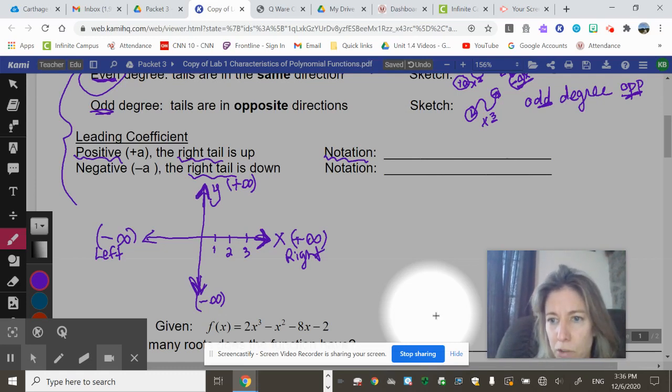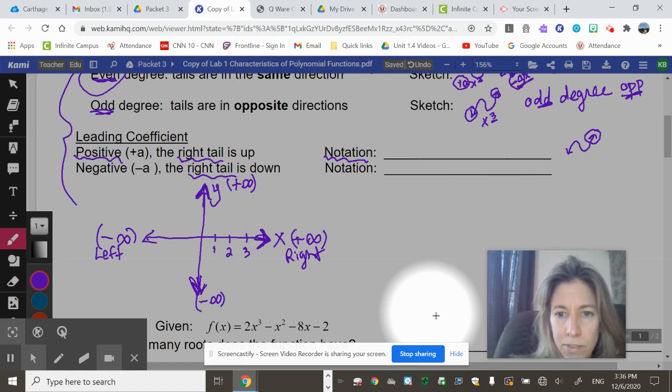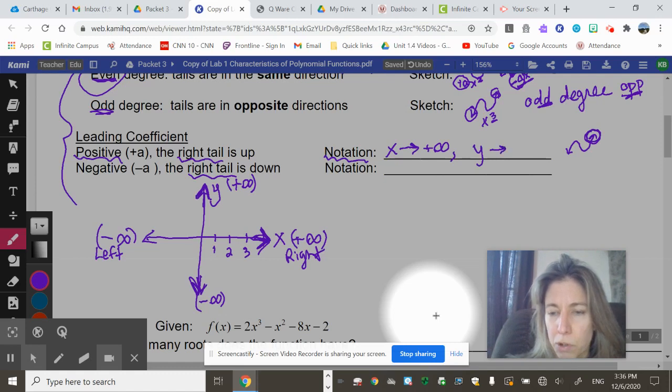If I draw this cubic graph and look at just the right tail, the notation that displays that is: as x approaches positive infinity, which just means x is going to the right, and if it's going up, the y value approaches positive infinity.